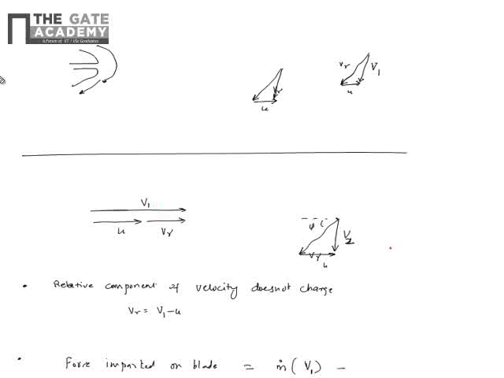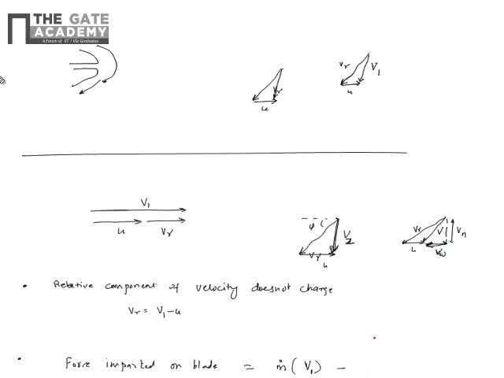The final momentum v2 is in this direction. If I resolve v2, let's say this is Vr, this is u, this is v, the component of V along this is Vw and this is Vn. So this Vw is towards left.